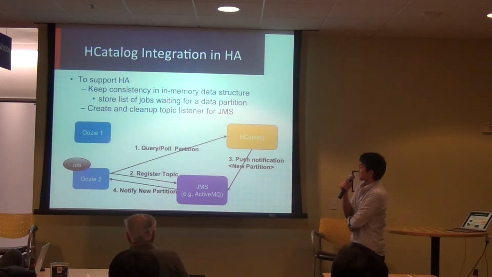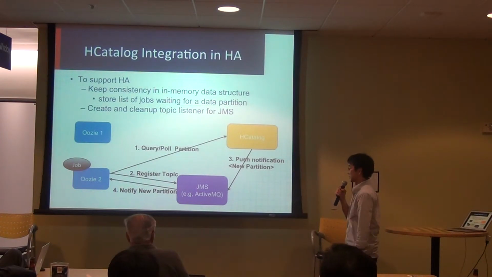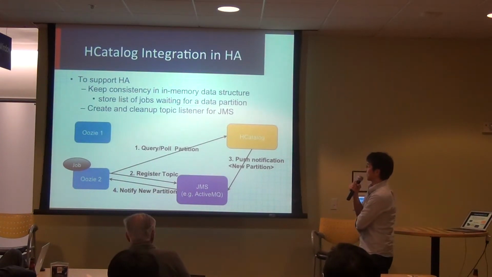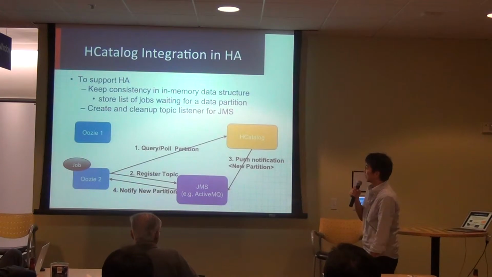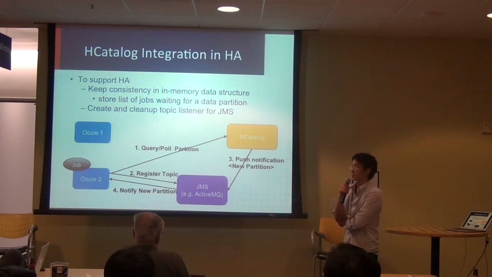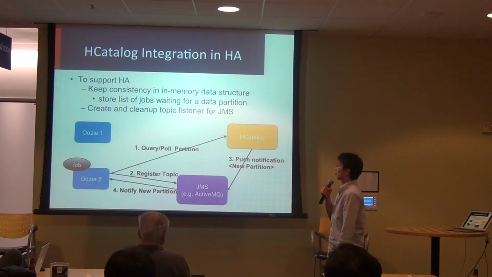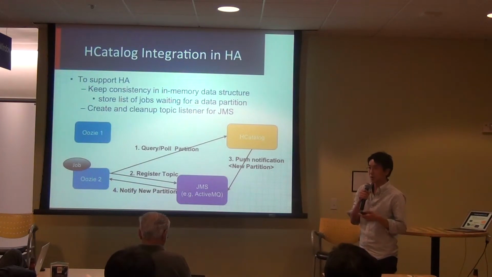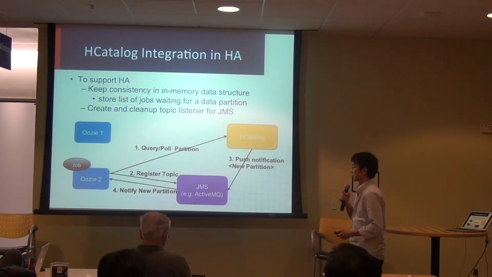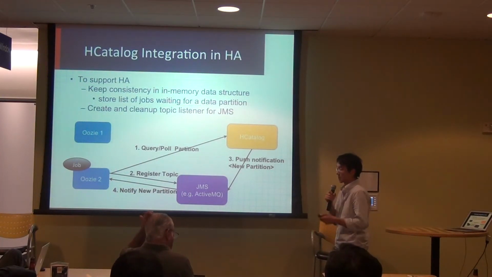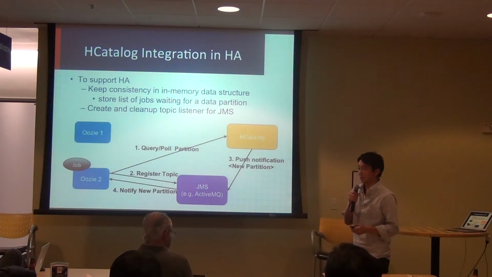This has a unique technical challenge when we apply it to the HA. To support those H-catalog integrations, each Oozie server has in-memory data structures. That data structure stores the list of jobs waiting for particular data partitions, such that once a notification comes in, Oozie immediately knows which jobs are ready to go.